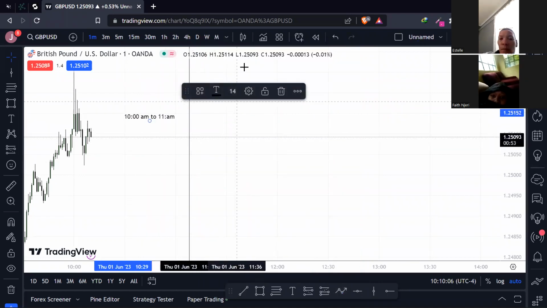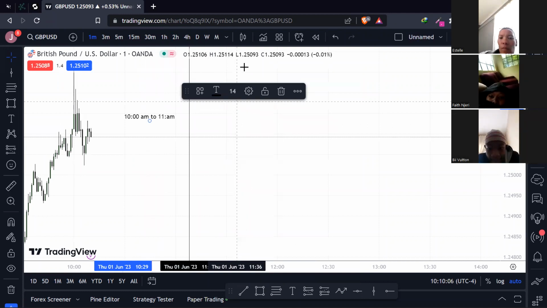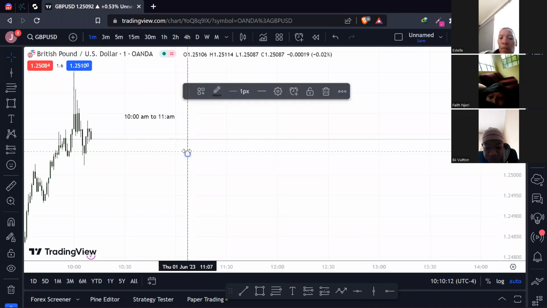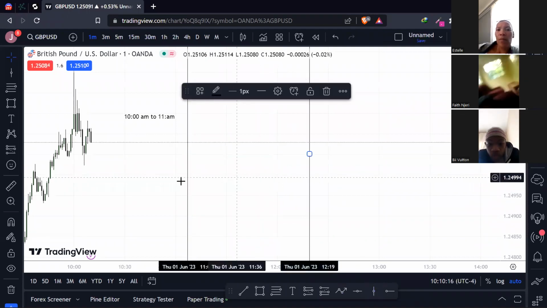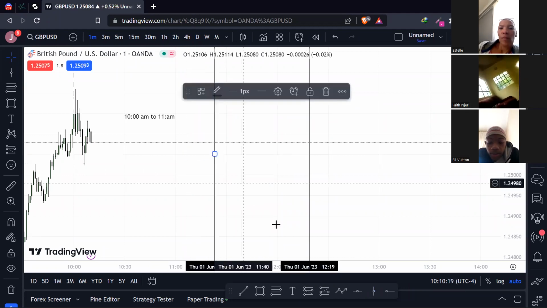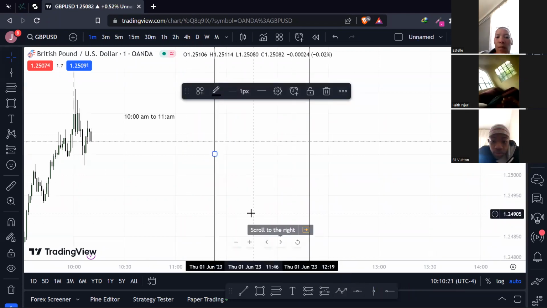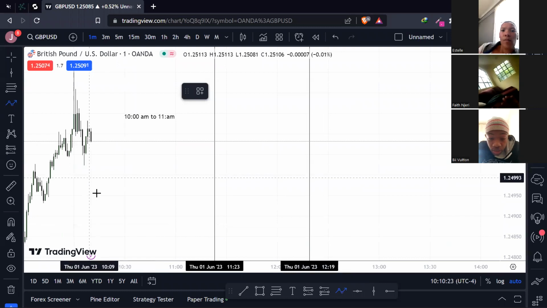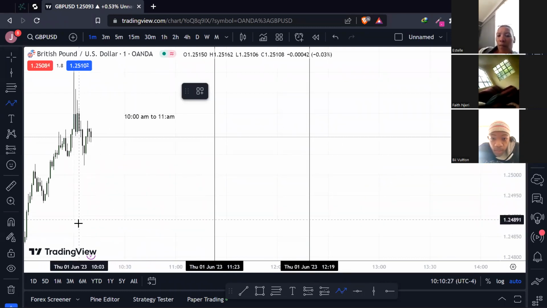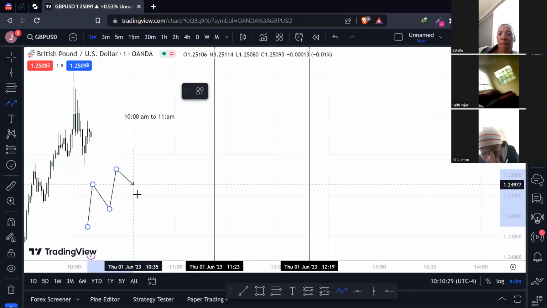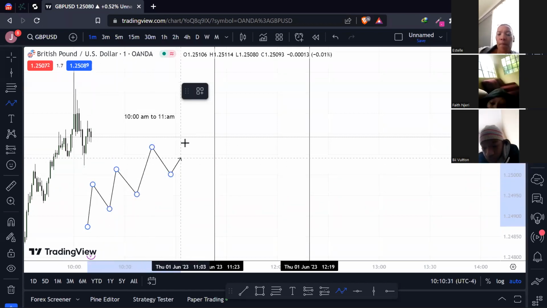So from 10 a.m. to 11 a.m., that will be our entry model. So imagine this one is 10 a.m. and this one is 11 a.m. So the basic thing is the price. Before, the price moves like this.